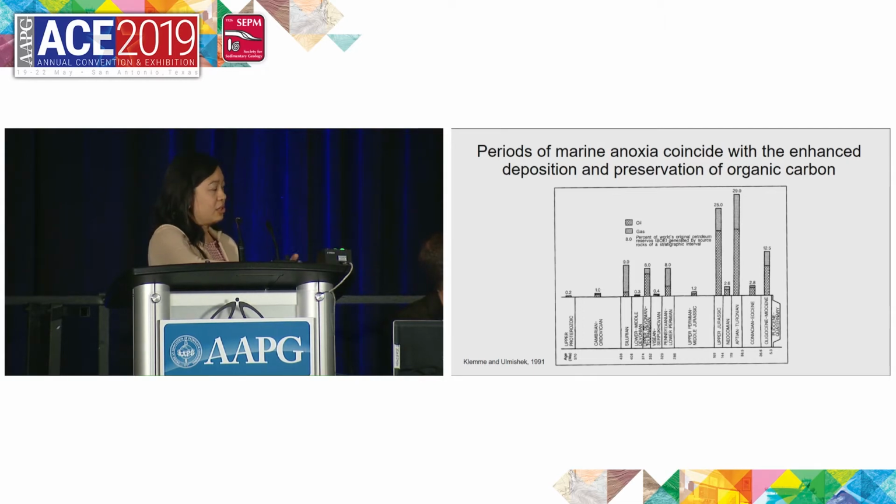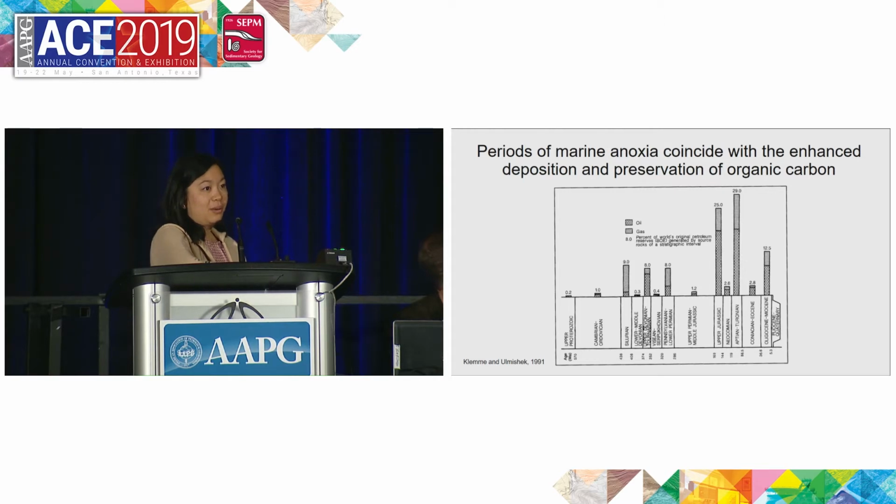And so all these questions drive the need to understand why it is that anoxic events happen in Earth history, what drives oxygenation and deoxygenation of the oceans, in order to understand the future sustainability of the oceans, as well as some of the more economic resources that are important for our economy.